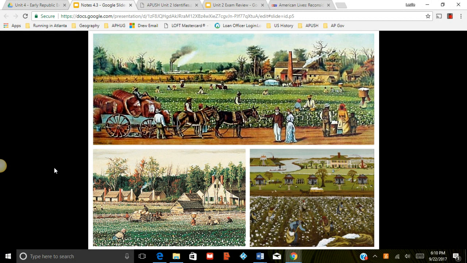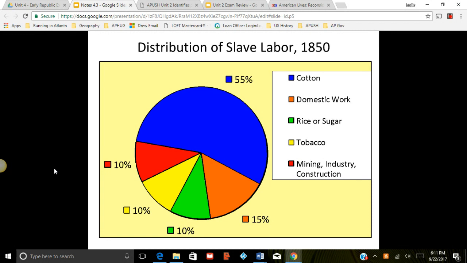Artwork of the time also depicts the reliance on cotton for the Southern economy, the plantation agriculture economy, and the use of slave labor to maintain and sustain the economy in the South. Slave labor was distributed.